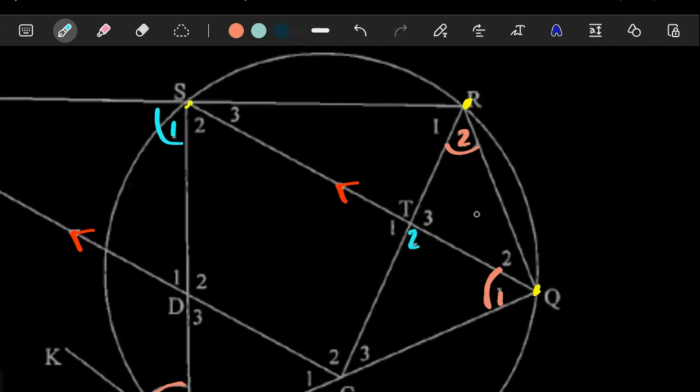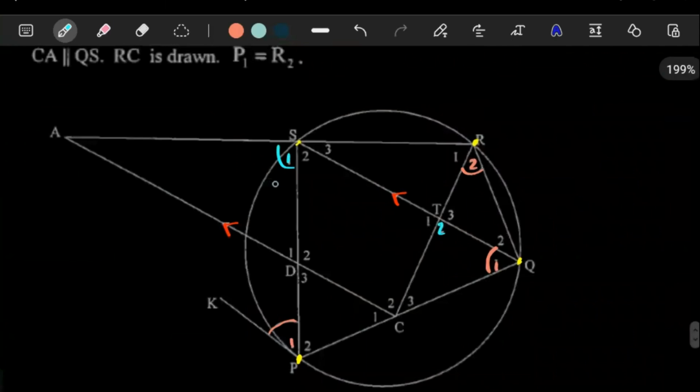It seems like quite a stretch to just go from here to there. But let's find something S1 is equal to. S1 is bluntly equal to the whole angle over there. Does that seem like that's going to help? To be honest, it doesn't seem like it, but you gotta do what you gotta do.